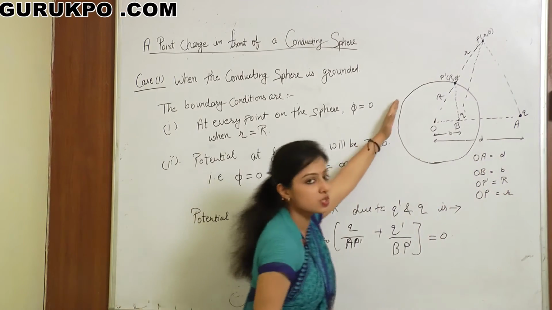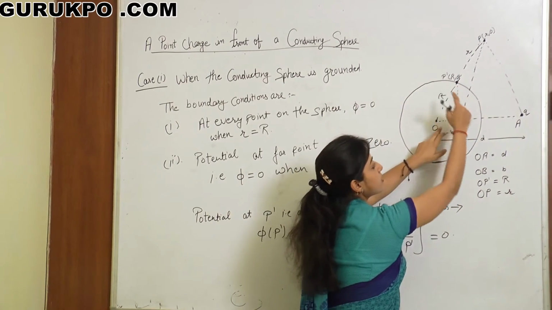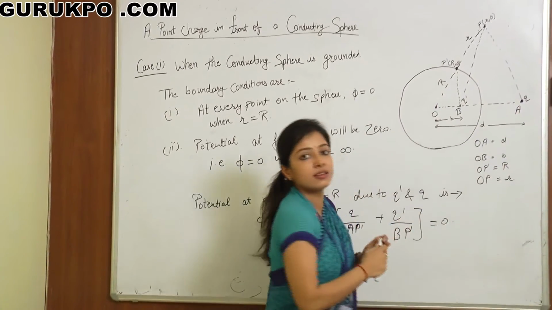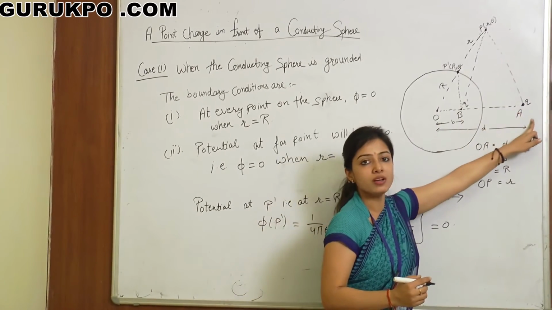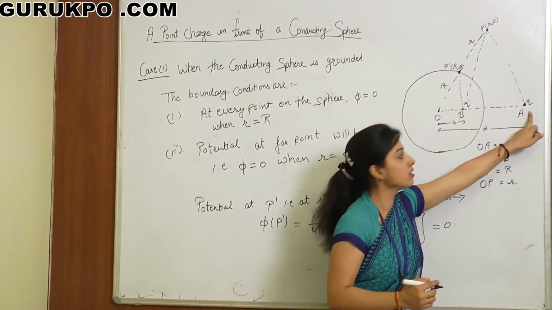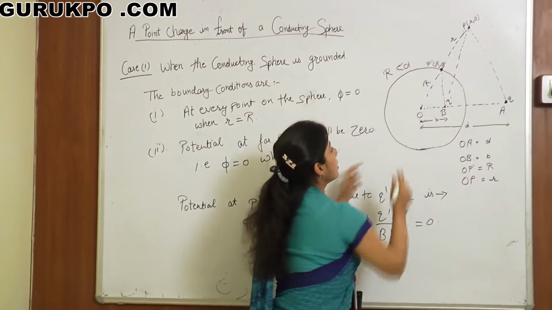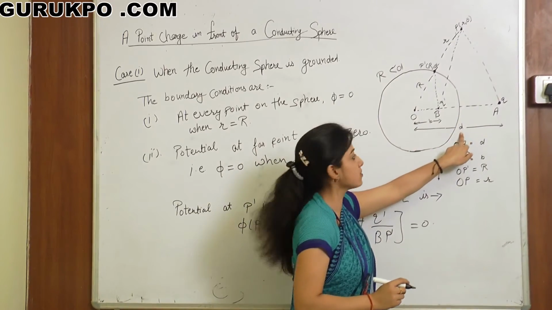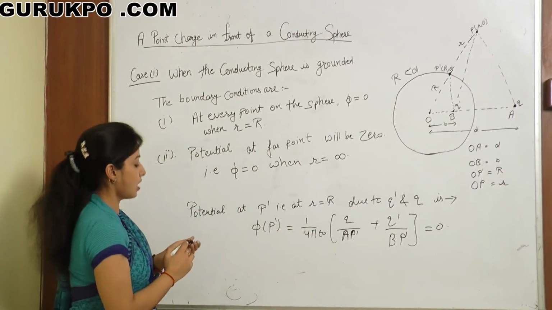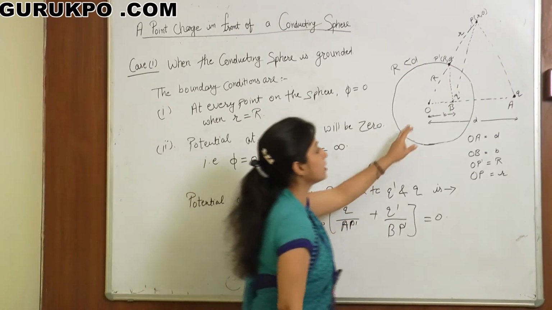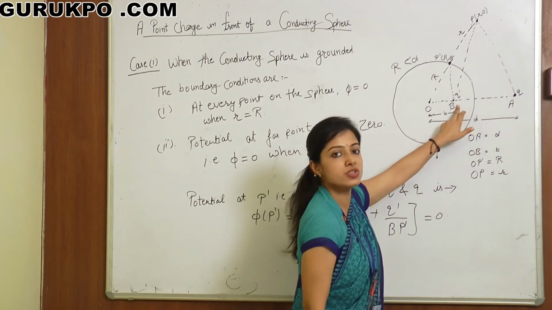The sphere is considered in such a way that the radius R of the sphere should be less than the distance D of the charge from the center O. Here we have to calculate the effect of this +Q charge on the image charge Q dash.